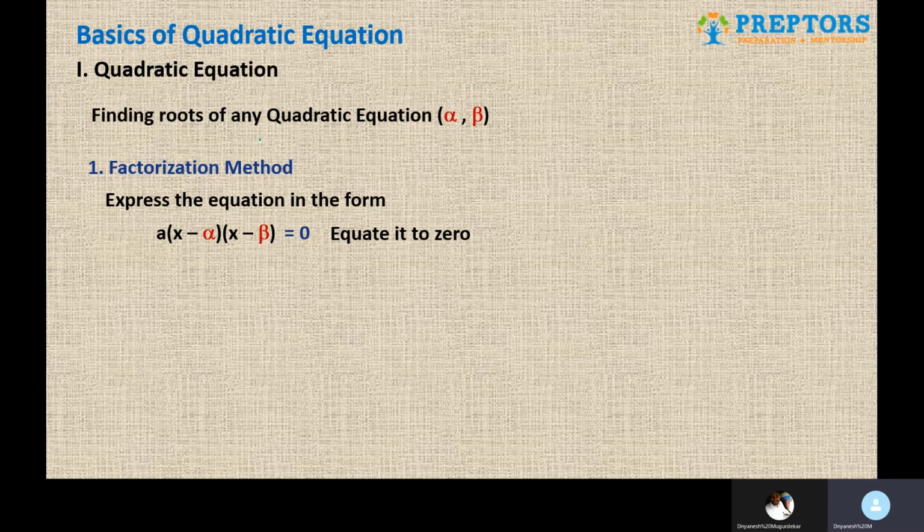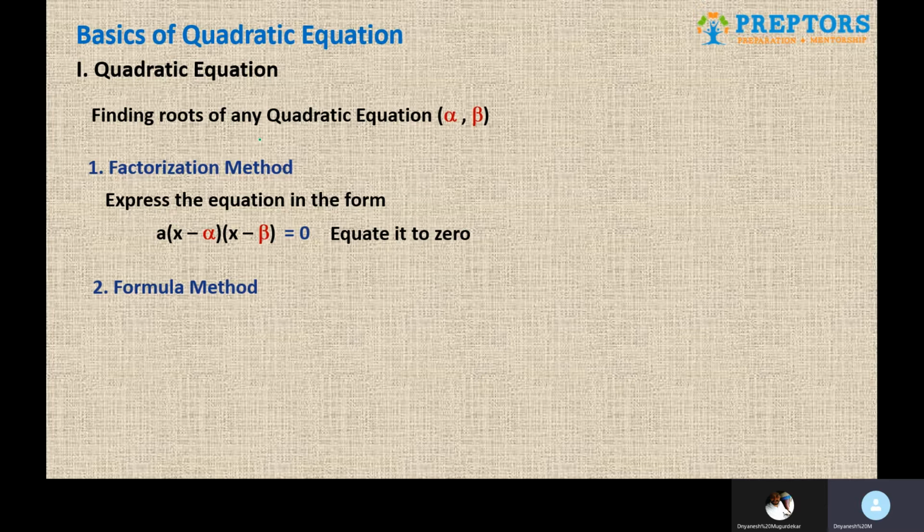The second method: sometimes you are not able to factorize particular equations. Then there's a generic standard method you can use, which is called the formula based method. You compare your equation with the standard form ax square plus bx plus c, and find the values of a, b, c, because you are going to require them.